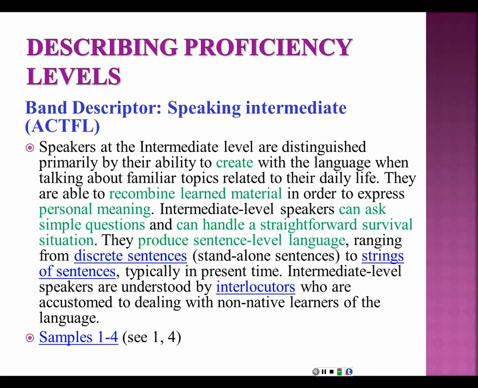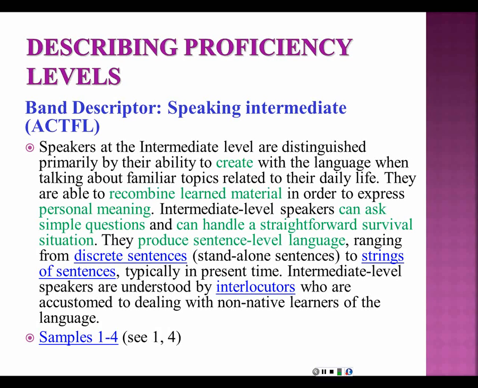So the items in green here, I have highlighted the pertinent descriptors for the intermediate level. Intermediate level speakers can ask simple questions and can handle a straightforward survival situation. They can produce sentence level language that ranges from discrete sentences, which are standalone sentences, to strings of sentences, typically in present time.